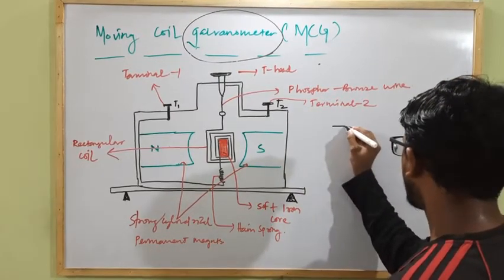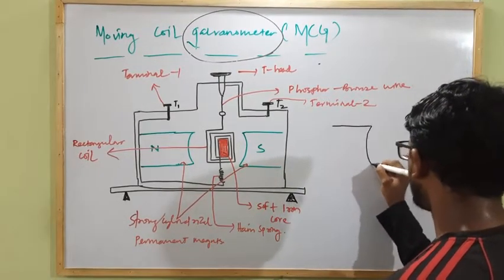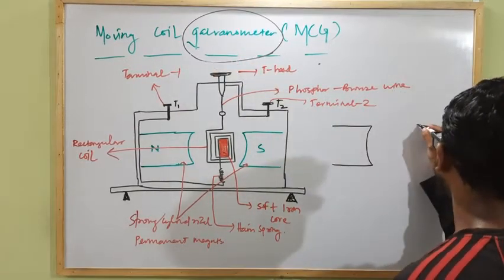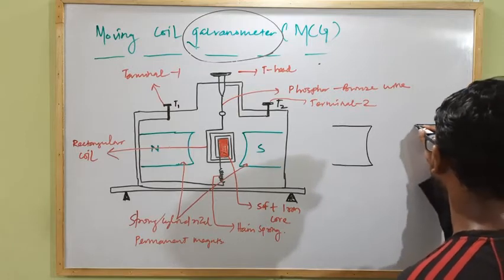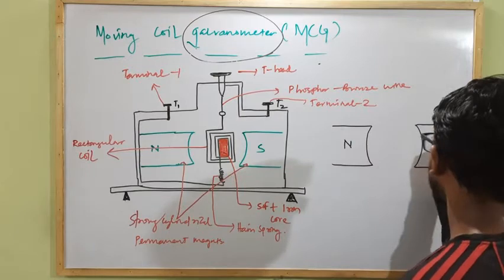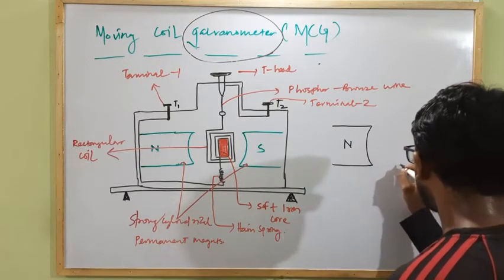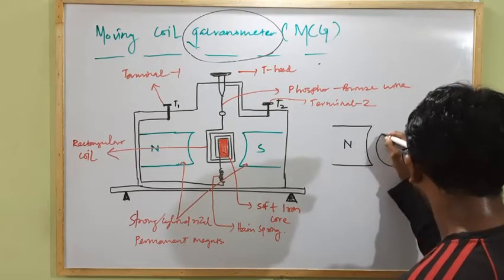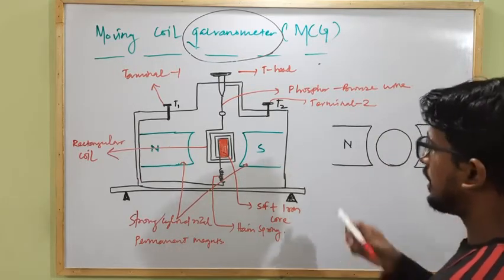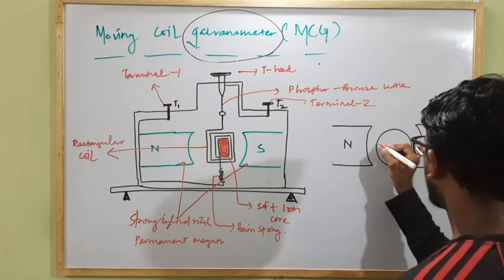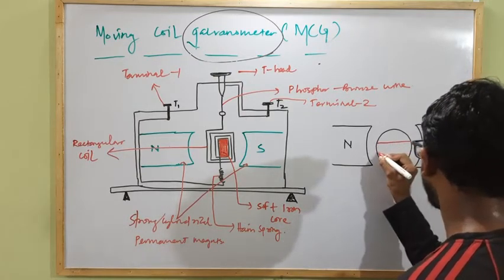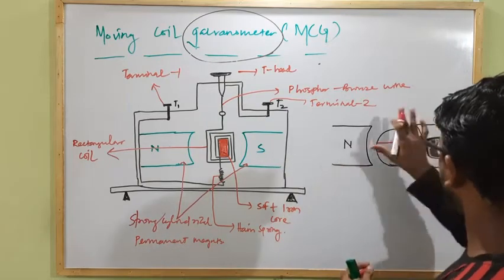Due to the cylindrical concave shaped magnet, if we see the top view from this side, it will look like this. There are two permanent magnets, north and south, and within them there is a cylindrical core, on which the coil is wrapped on a frame. If this is a frame, this is the top view.